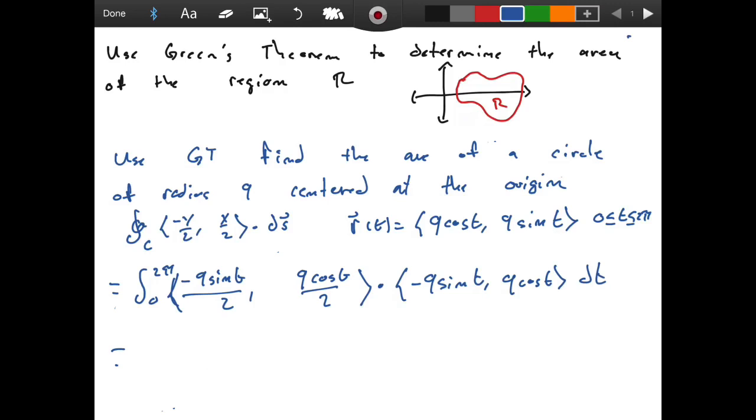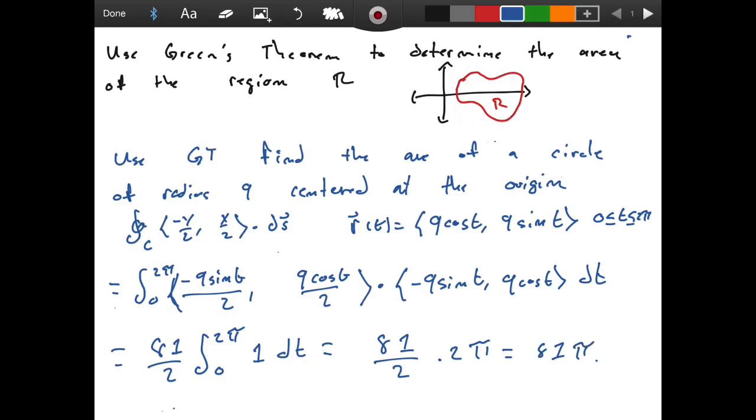Okay, so let's factor out. There's a 9 in both, so we can factor out an 81 over 2. The 2 comes from the first factor. This is the integral 0 to 2 pi. Now we're left with minus sine times minus sine, so that's sine squared, plus cosine squared, so that's 1 dt. So this is equal to 81 over 2 times 2 pi, and this is equal to 81 pi, which is what it should be.